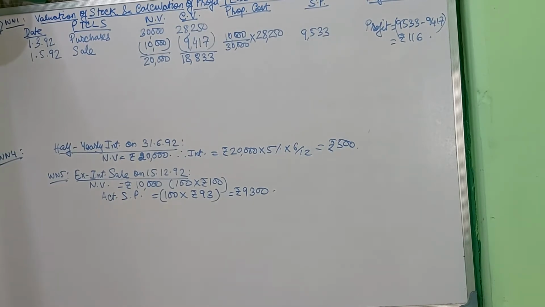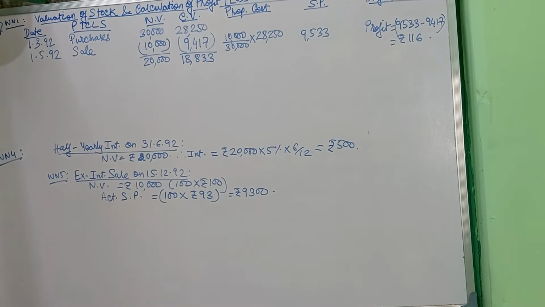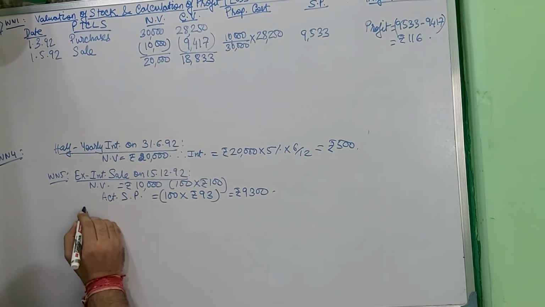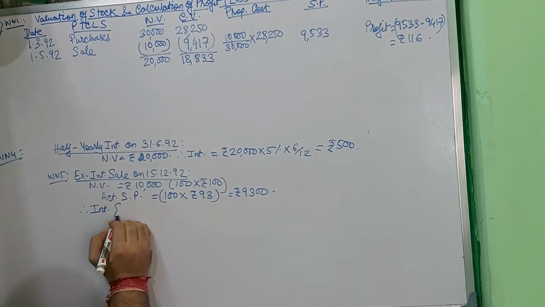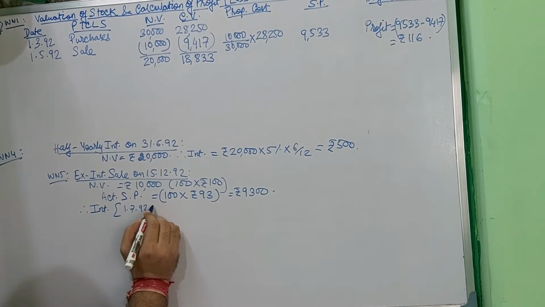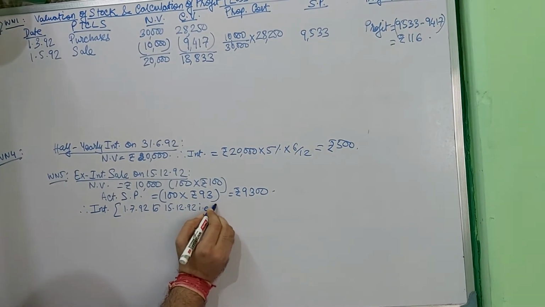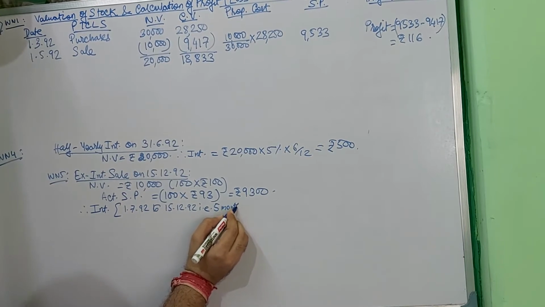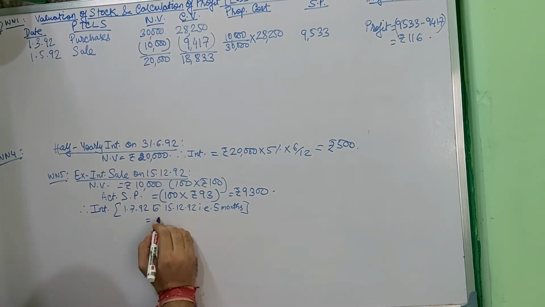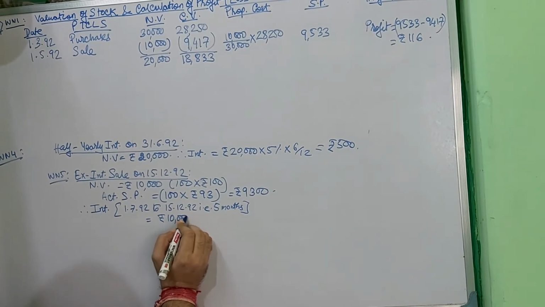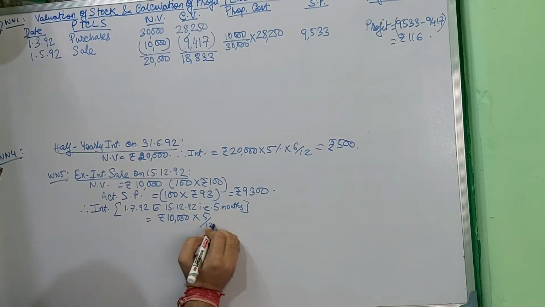So August, September, October, November, December, it's 5 months interest, on nominal value 10,000 into 5 by 12 into 5%.